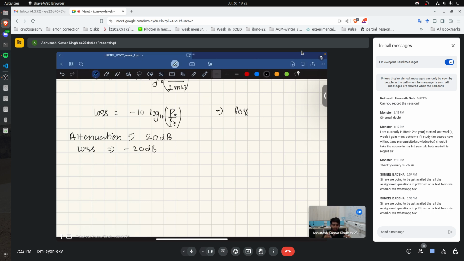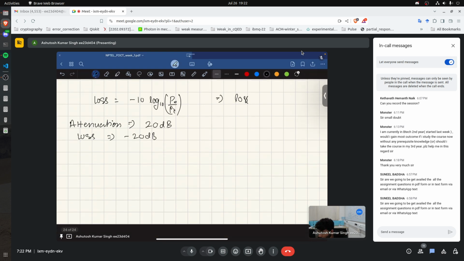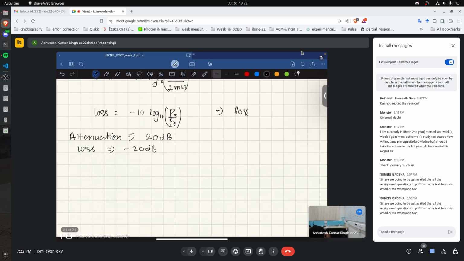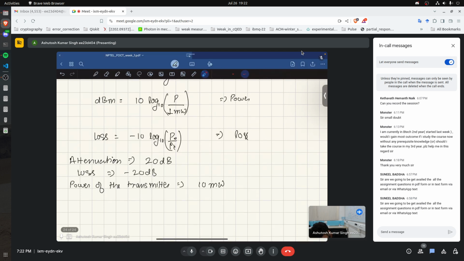The other way of saying that is that this loss in the system is 20 dB, whereas the power of the transmitter is given 10 milliwatts. So if I go and put that in my neat little formula up here, I can find it in dB scale.